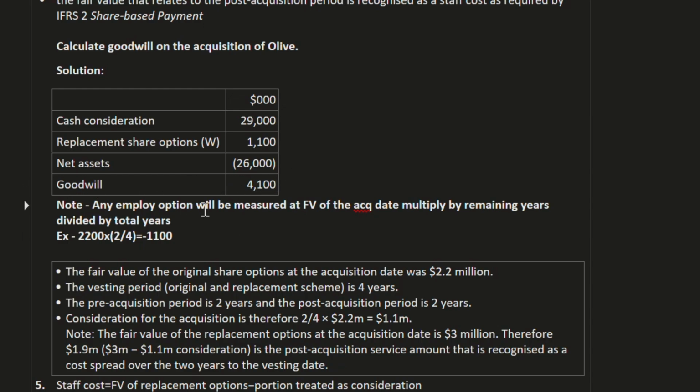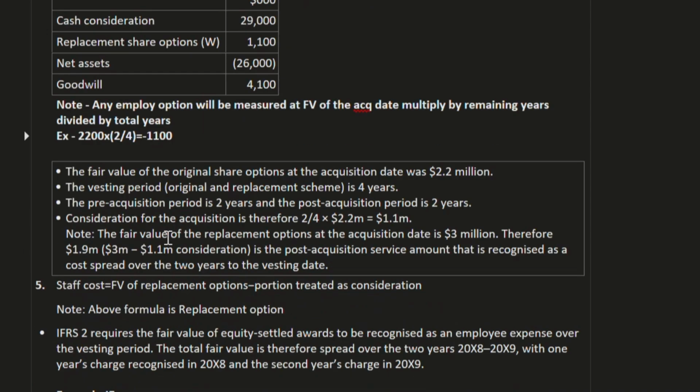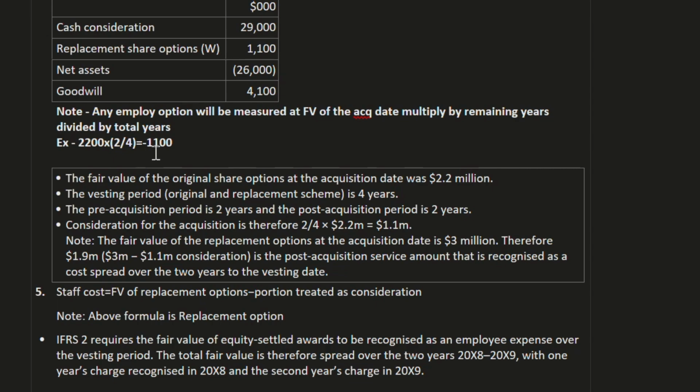Any employee option will be remeasured at the fair value of the acquisition date multiplied by remaining years divided by total years. This is the formula. Now we will understand how 1,100 came by looking at this data. The fair value of the original share option at acquisition date was 2.2 million.